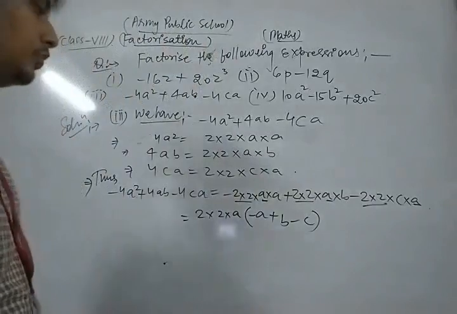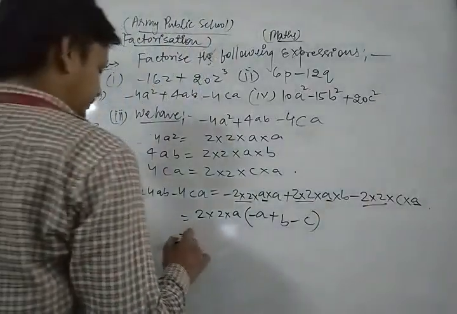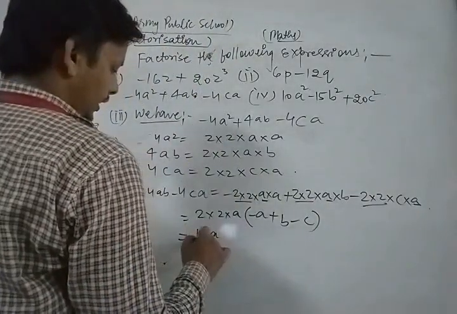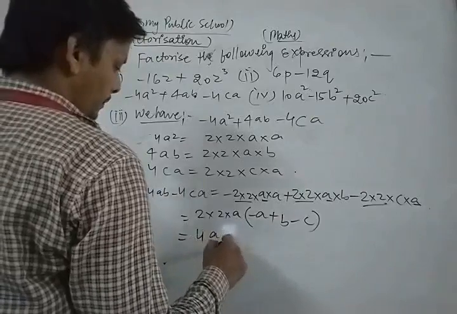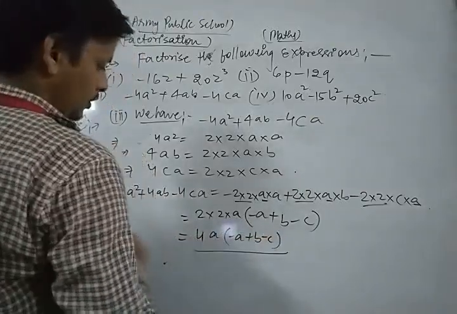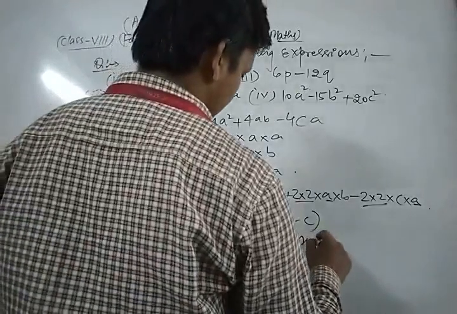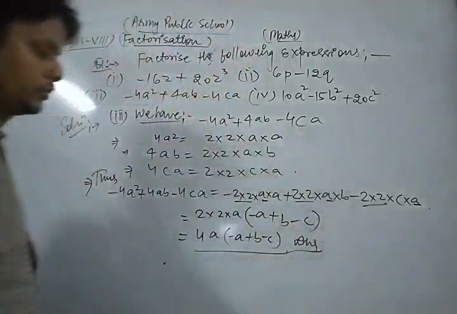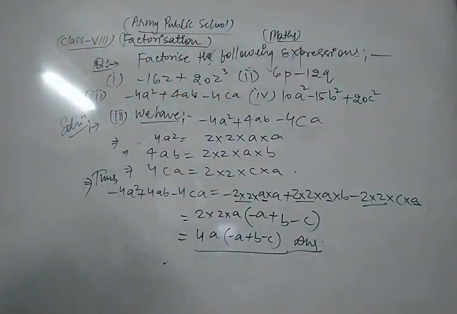So we get 4a in bracket minus a plus b minus c. So this is the required factorized form.